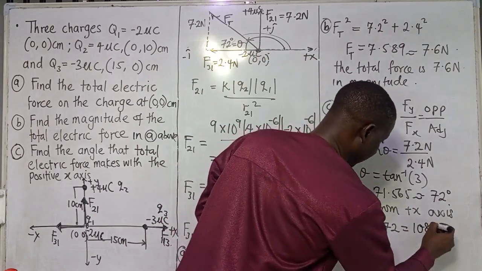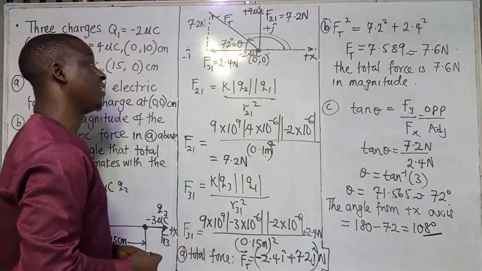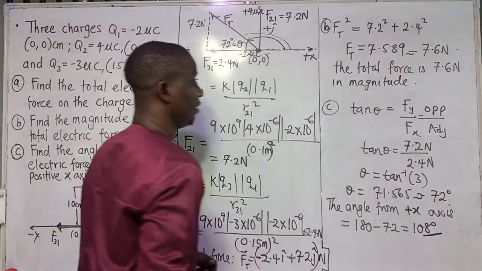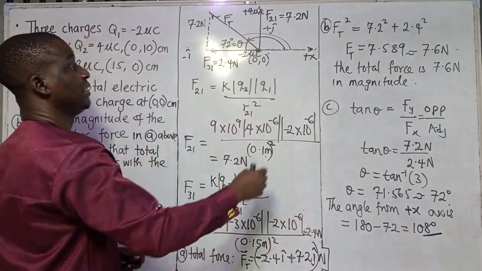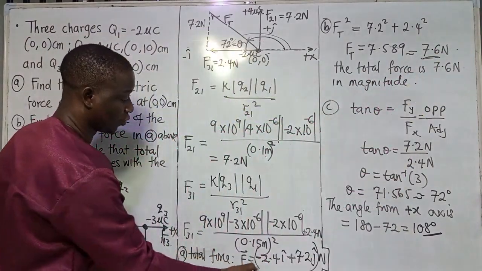You can press your calculator in degree mode to confirm. 108 degrees would be our answer from the positive x-axis. So this is the answer to C, this is the answer to B, and this is the answer to A.